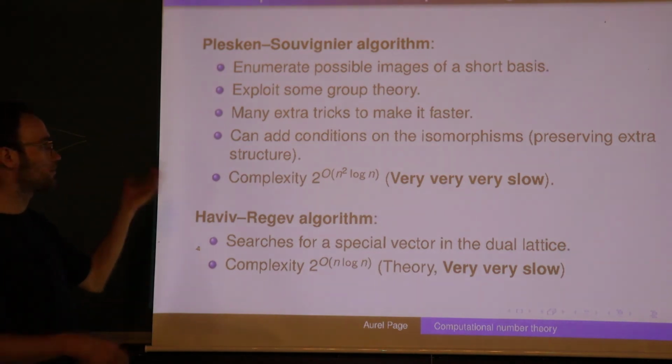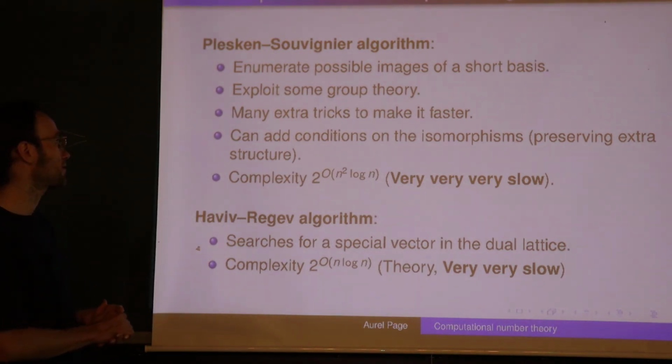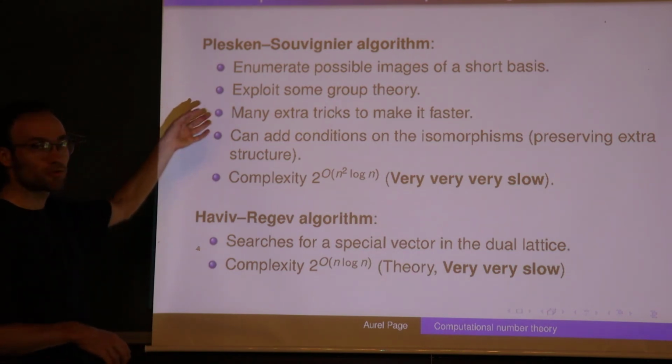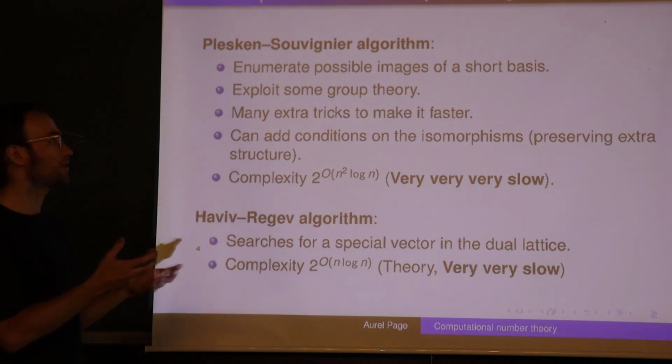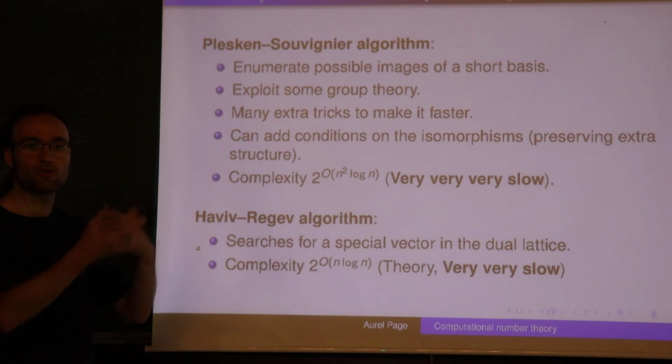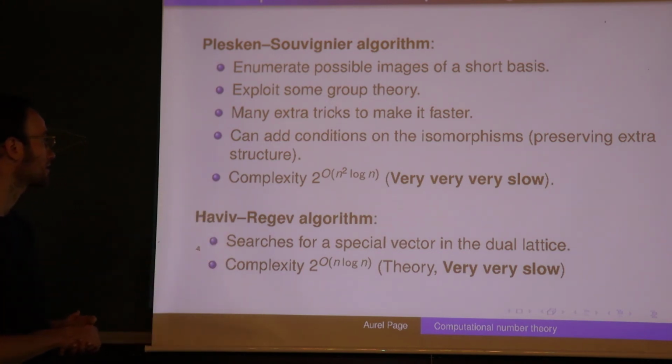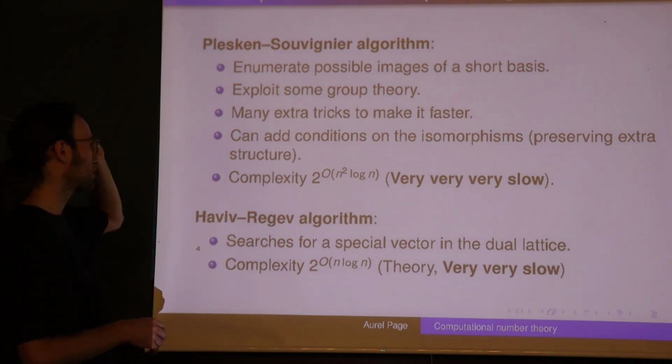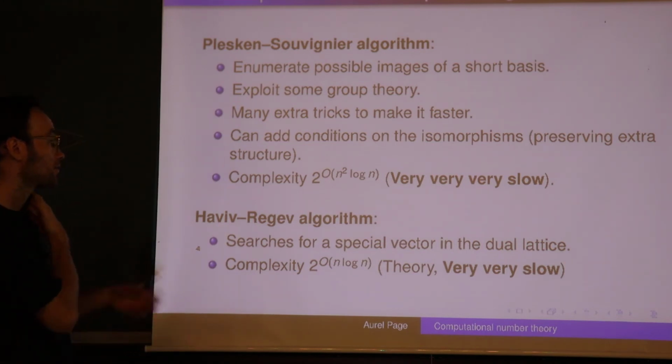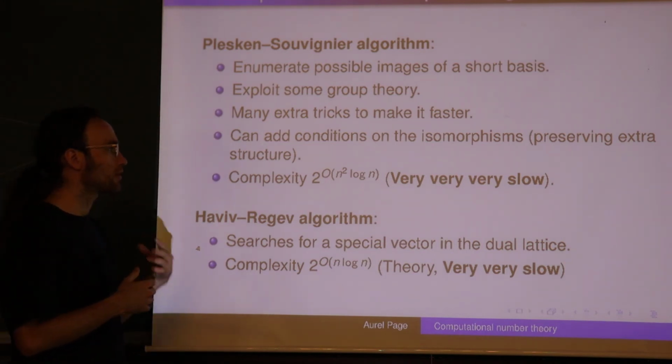And then there are many ways to make this actually faster. You can exploit some group theory because the automorphism group is a finite group, so there are group theory tricks and other kinds of tricks to make this faster. It's also possible in this algorithm to include extra conditions.